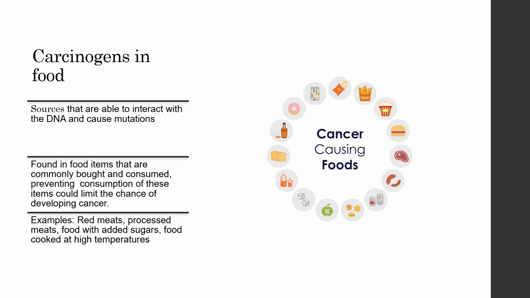Some examples of food containing carcinogens are red meat, processed foods, foods containing added sugars, and food cooked at high temperature. In this presentation, we will cover the common carcinogens found in food, how they are formed, the risk, and how to possibly prevent them.